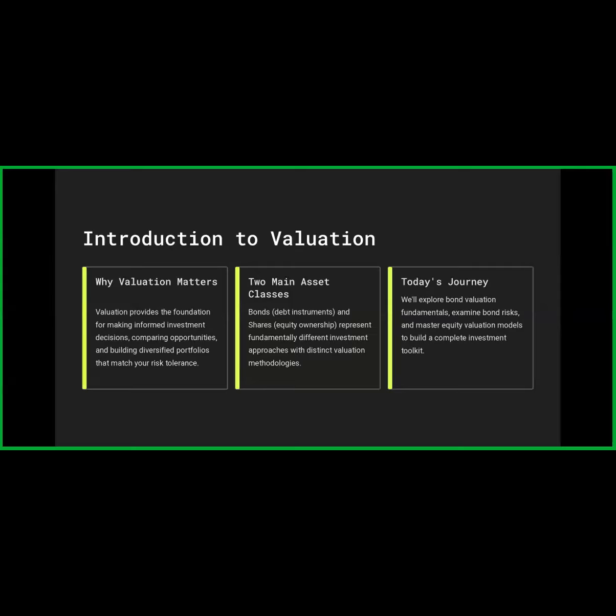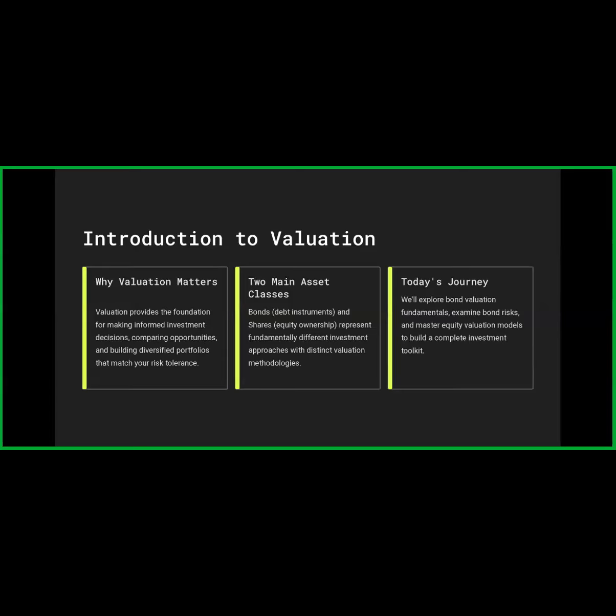Next, these are the two main asset classes. The bond is the loan instrument or debt instrument, and the shares are the equity ownership instrument. That means if you purchase the shares, automatically you get the ownership of that particular organization. That represents fundamentally different investment approaches with distinct valuation methodologies.